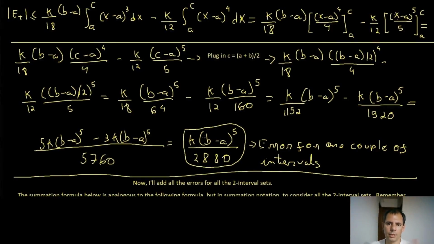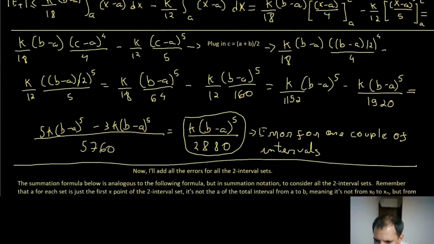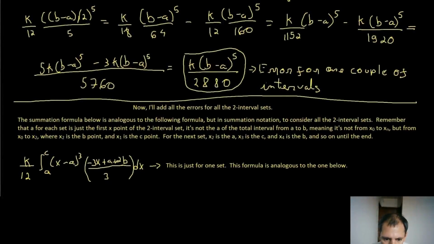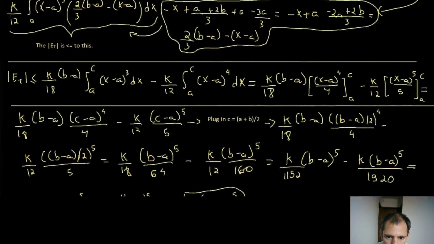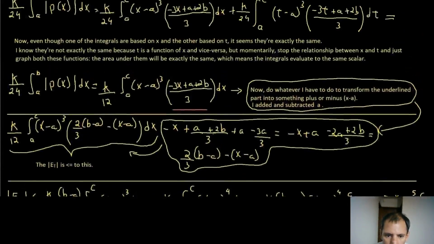Now it's time to use the composite formula, which uses the summation symbol. I went back to this thing in here. Why? What was the last time that we saw this thing? K12.